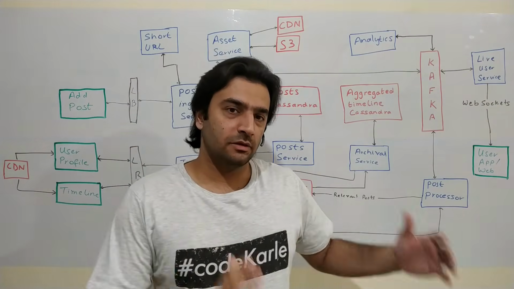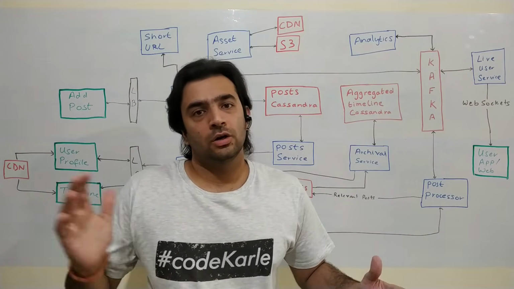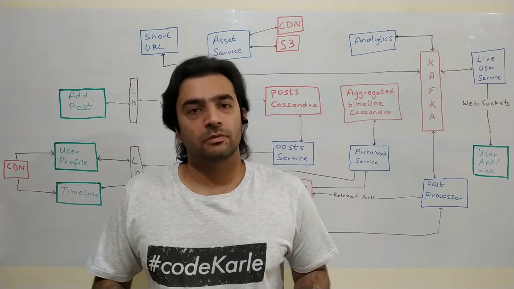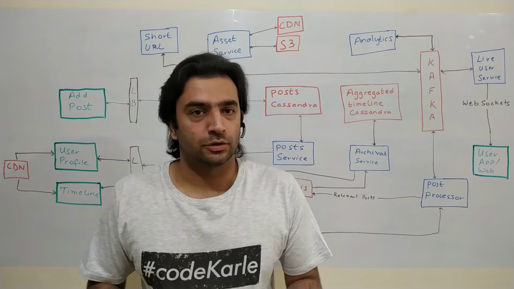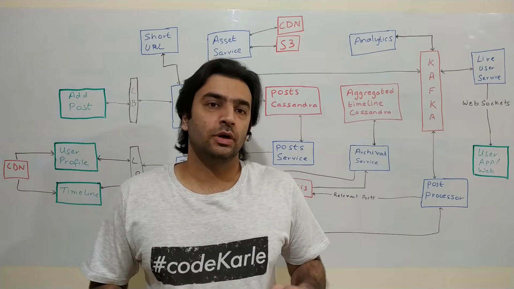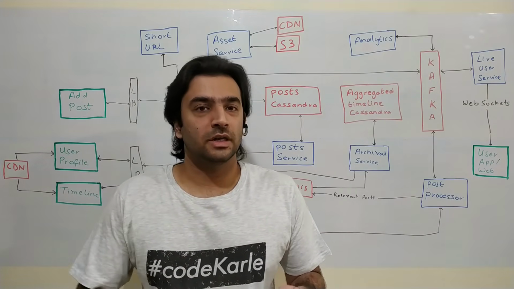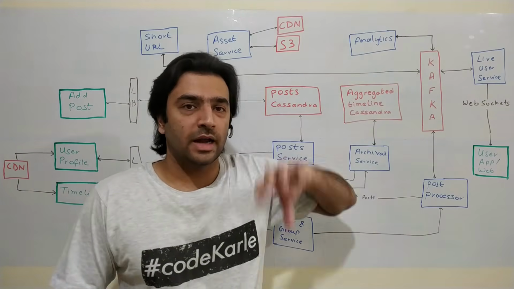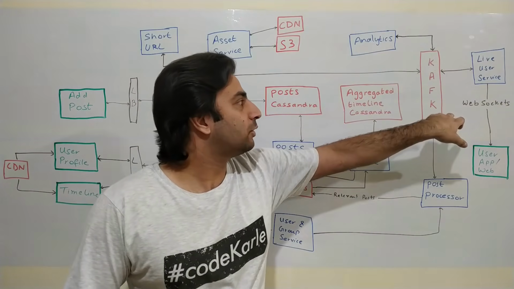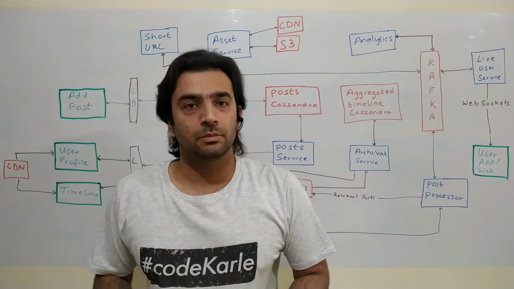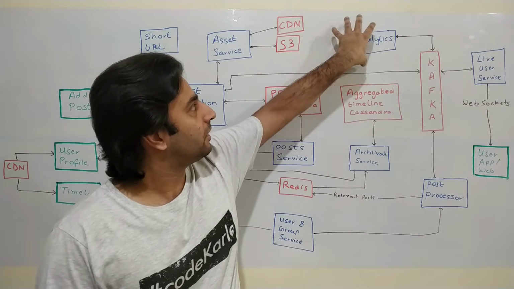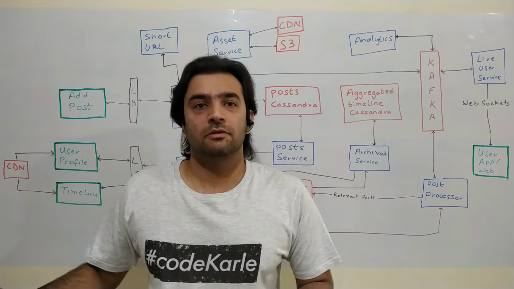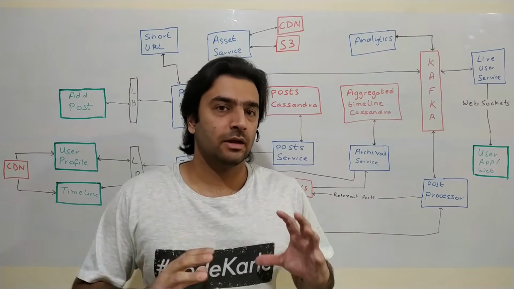It has a classification model that is ready, applies the post to that model, and comes up with some tags for that particular post, which will be used to score the post on various relevance parameters. Once this analytics cluster tags a post, it puts it back into Kafka, from where it will be processed further. We can do this because remember we had an NFR that some lag is okay.